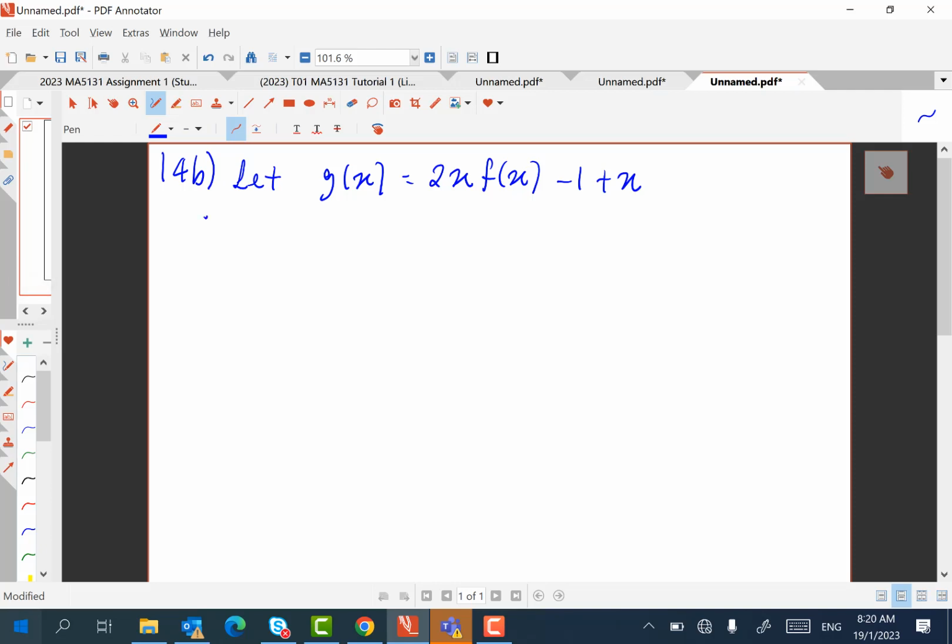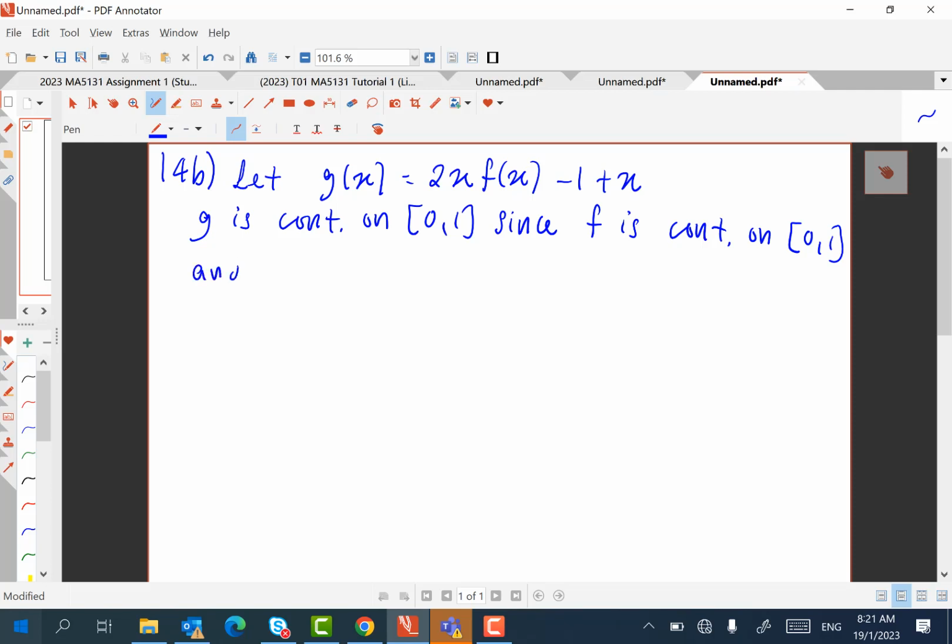So then you say g is continuous on [0, 1] since f is continuous on [0, 1] and 2x and 1 minus x are polynomials.